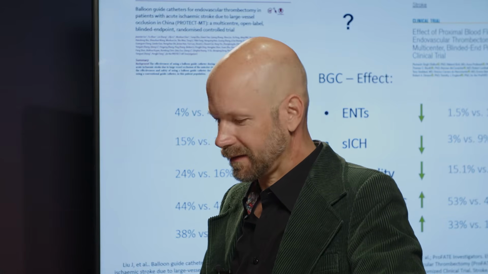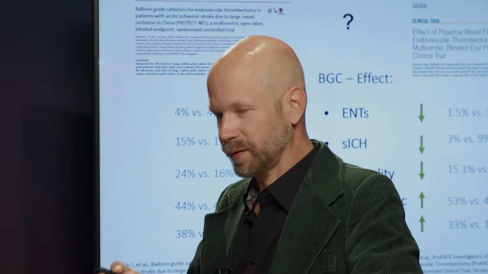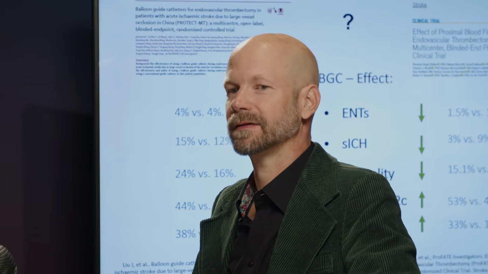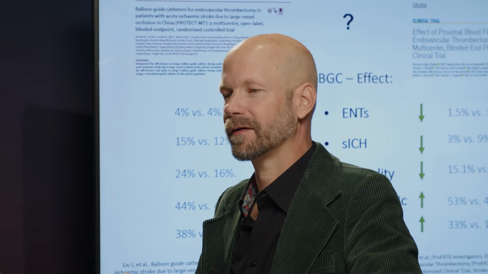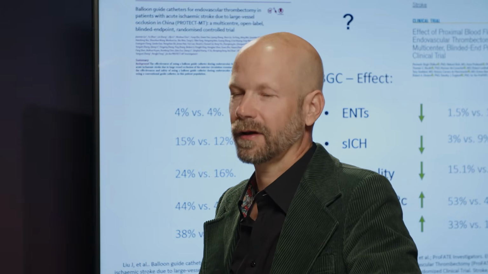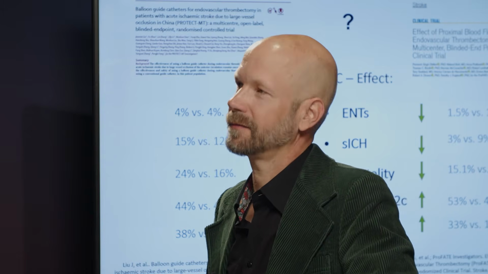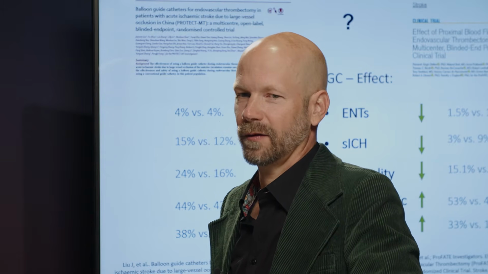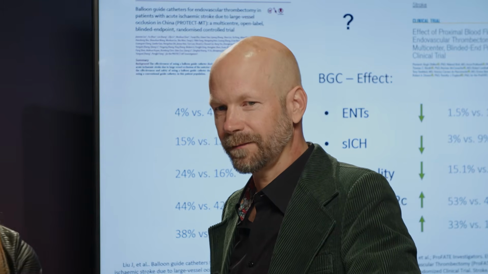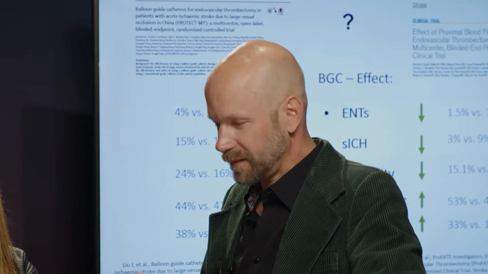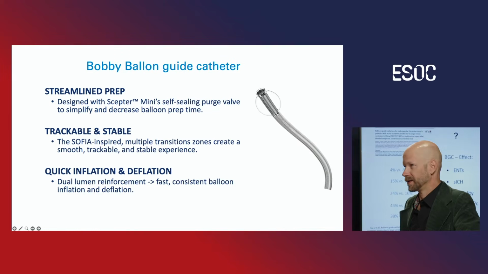So we have this retrospective study from the Walrus which showed quite good results, and now we have another study evaluating prospectively the Bobby guiding catheter, which is this one, and which is obviously completely different to the older generation devices.